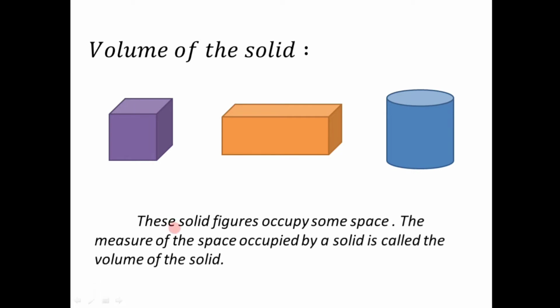So we have the definition. These solids occupy some space. The measure of the space occupied by a solid is called the volume of the solid. So that is the difference between the surface area and volume of a solid. In short, volume of any solid is nothing but the space occupied by a certain solid.